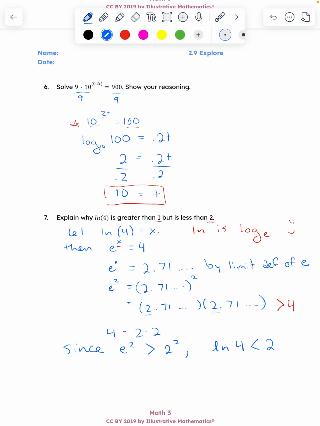That shows us, I think, the tiny gap that remains. I know that x is going to have to be more than 1 because e to the 1 is less than e to the x, and I know that x is going to have to be less than 2 because e to the 2 is more than 4.